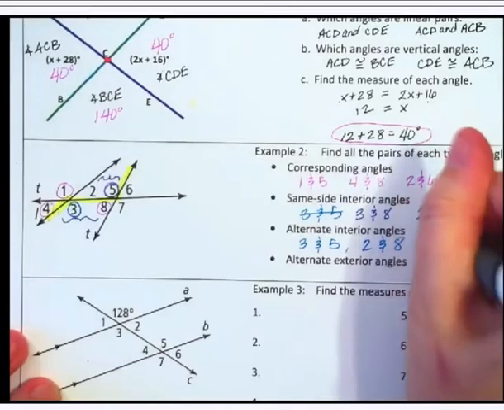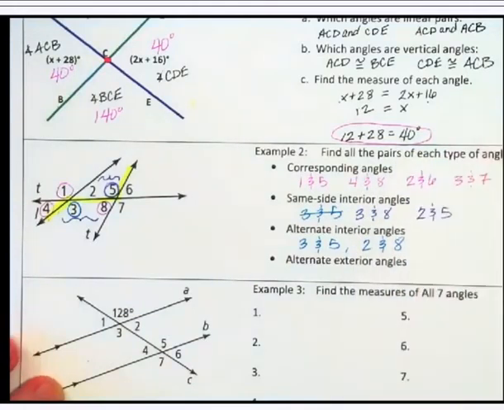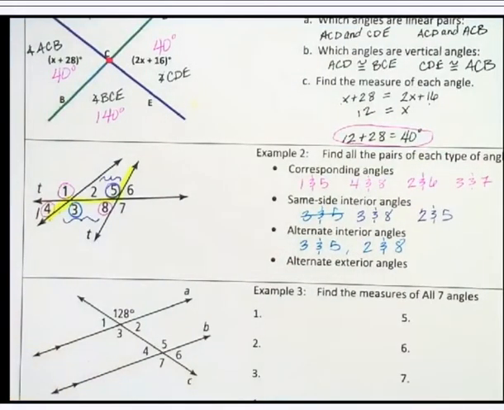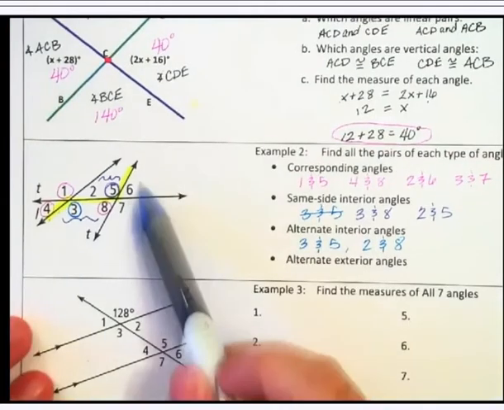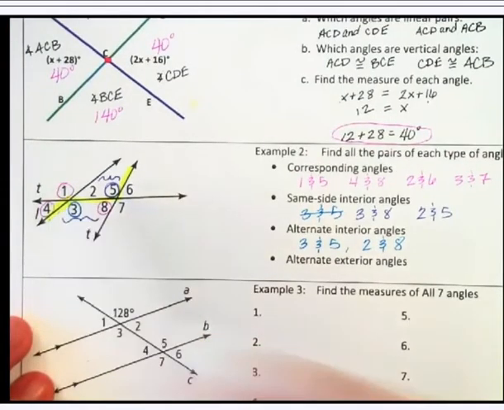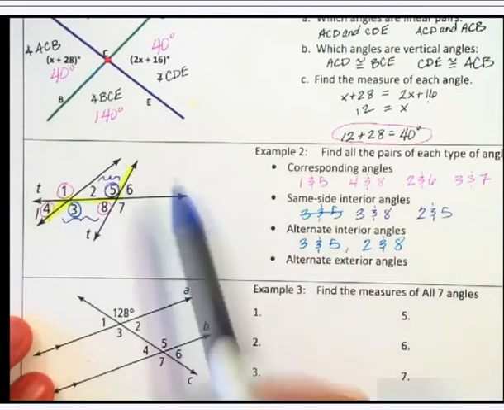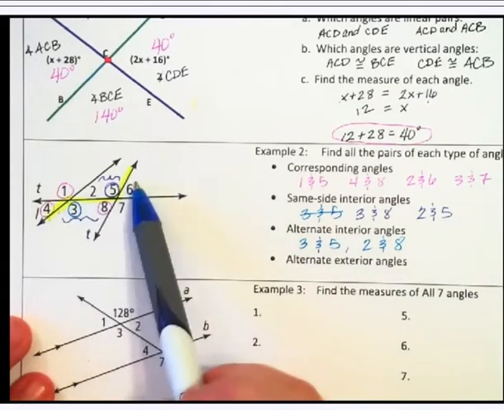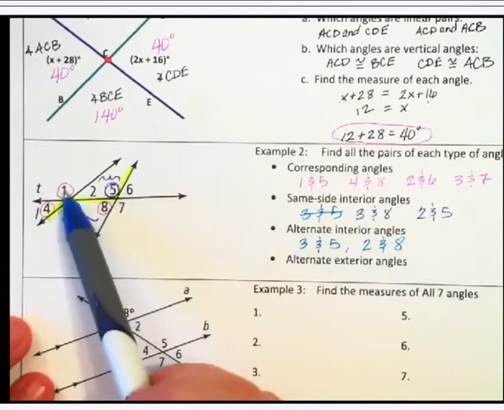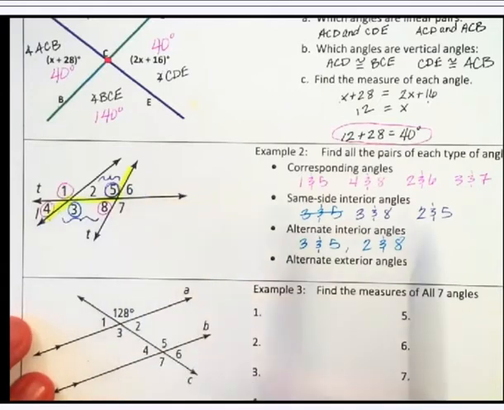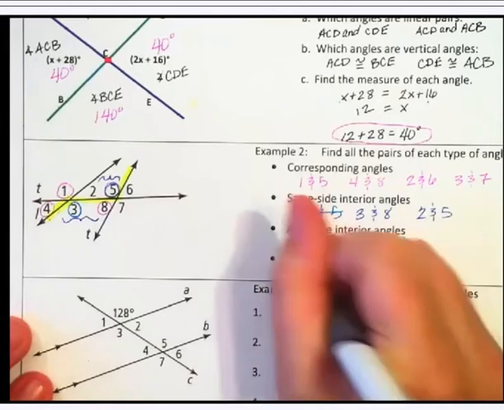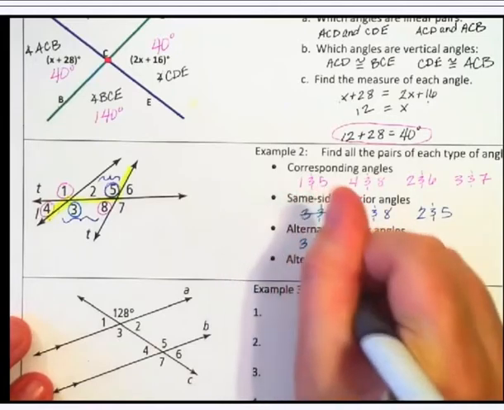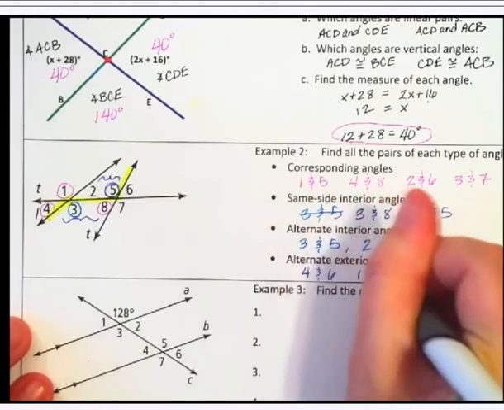And now we're going to do our alternate exterior. So the angles on the outsides of everything, opposite sides of the transversal. So 4 and 6, 1 and 7.